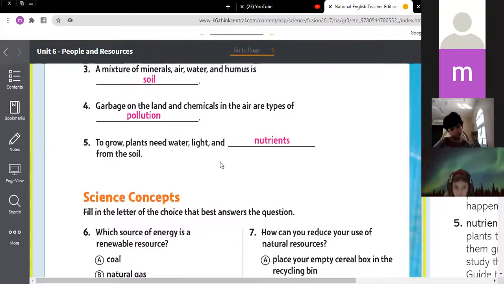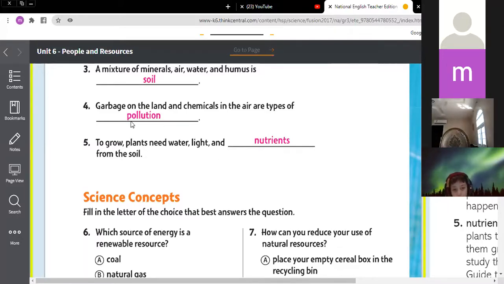Number 4. Garbage on the land and chemicals in the air are types of pollution.